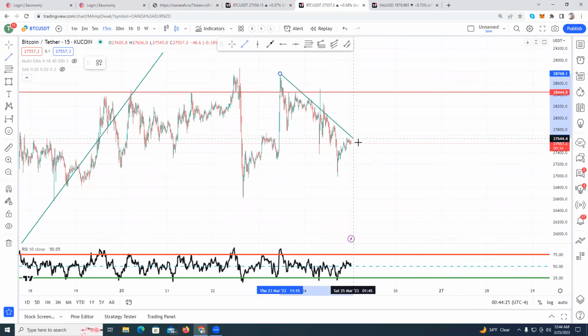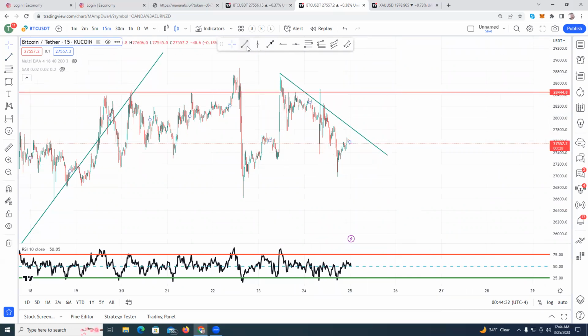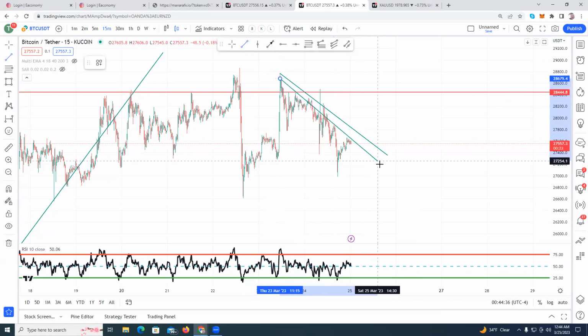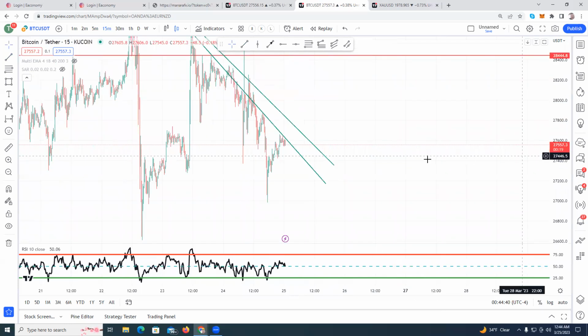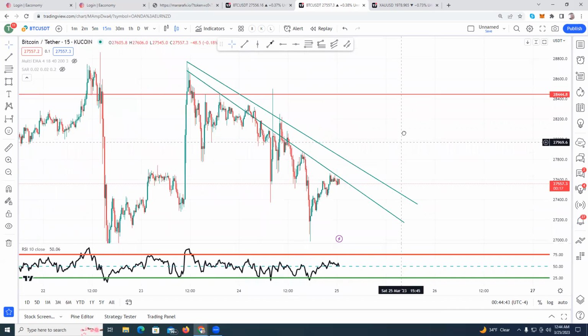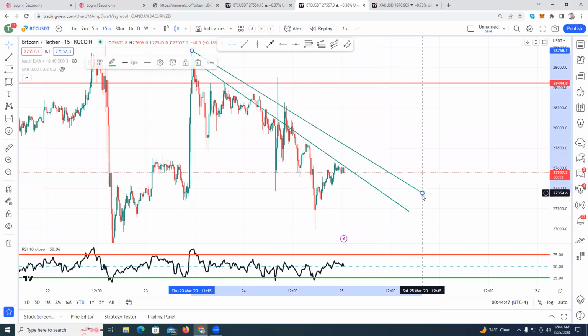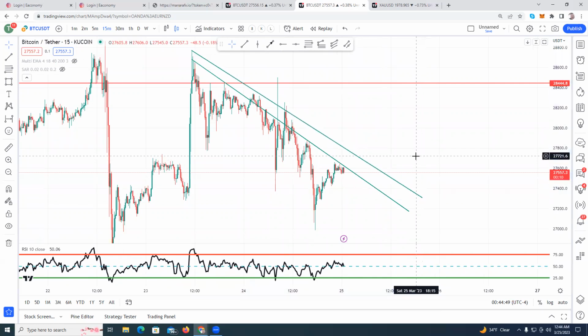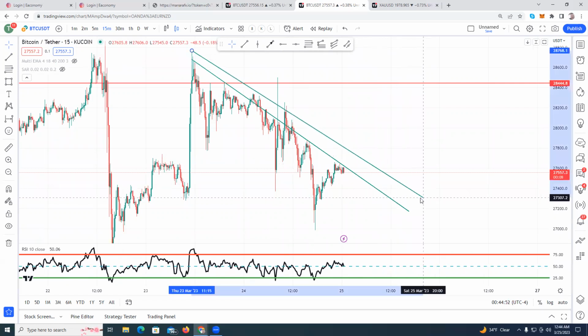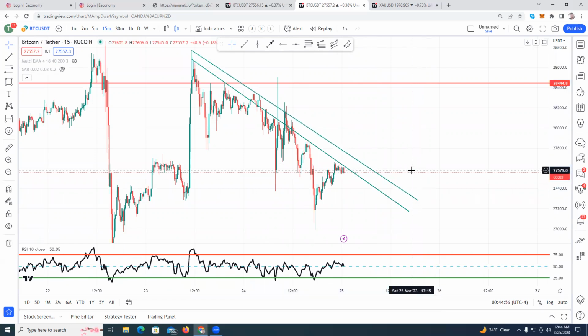So we have a downtrend line forming here. Okay, that looks good.